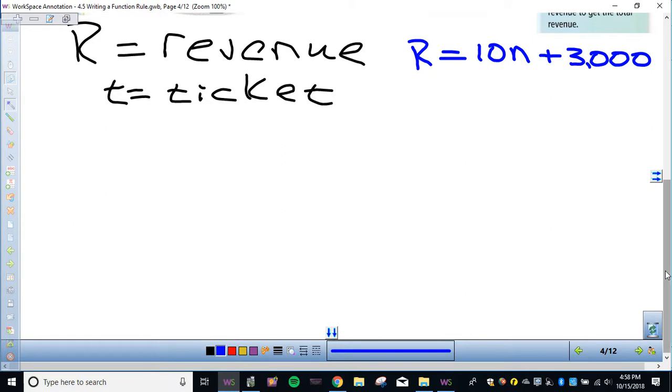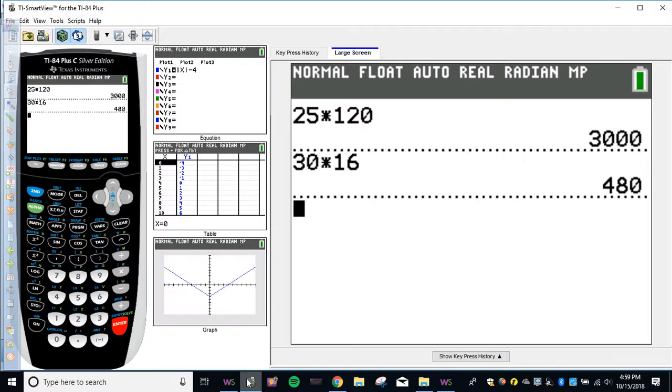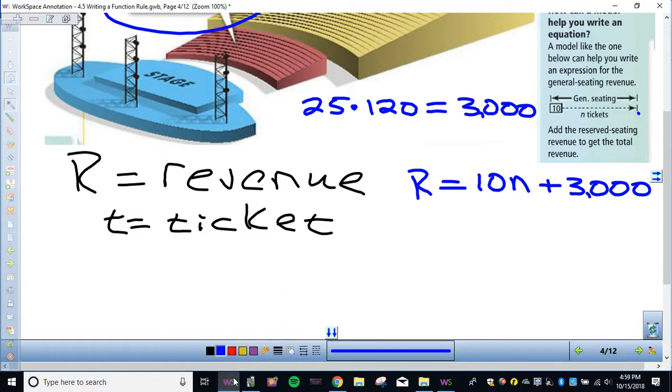So we wrote the equation up here. Now we're going to plug in the 480 from the graphing calculator. So you have R equals 10 times n, or 10 times 480.